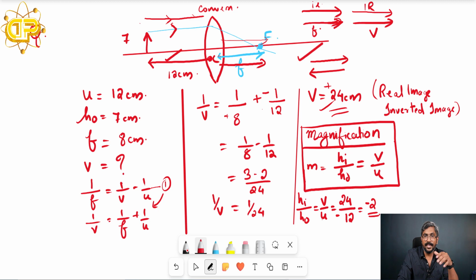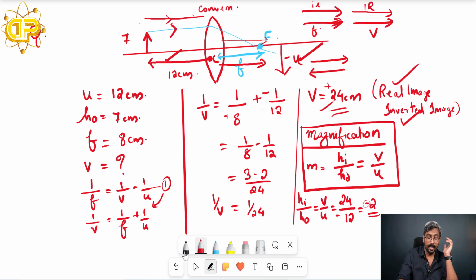2 means, if you are getting a value which is more than 1, then obviously you can say it is a magnified image. And a negative sign gives you the idea that the image is falling downside of the principal axis, so this will be negative. So definitely this will be a real image. And next, it is an inverted image, that is the negative sign.